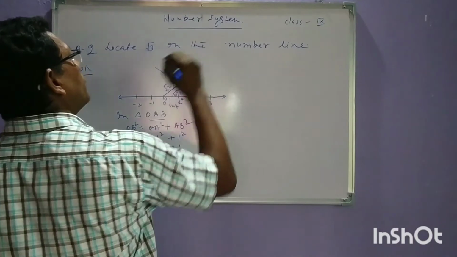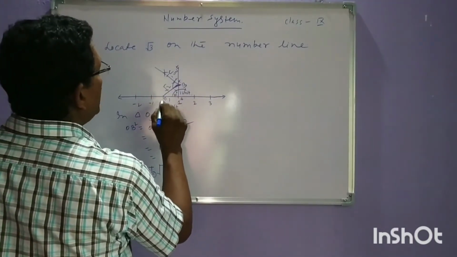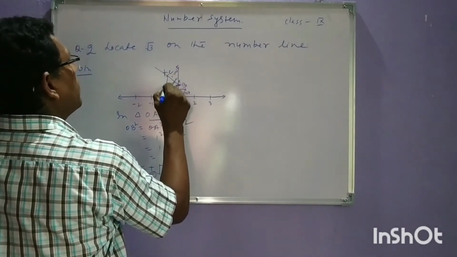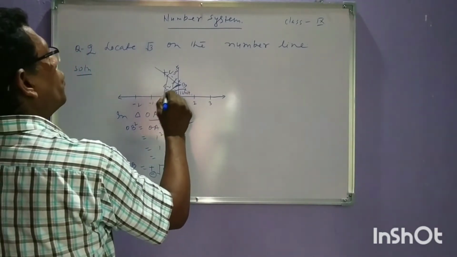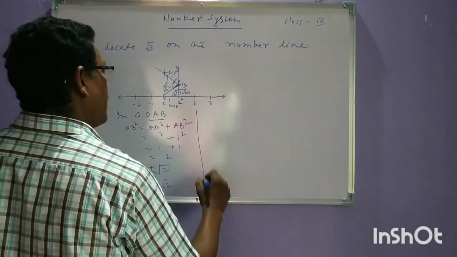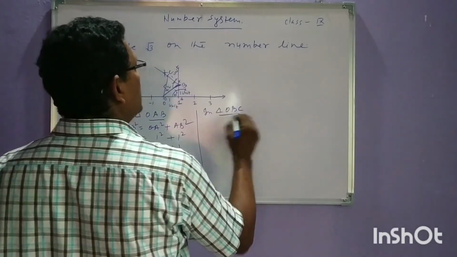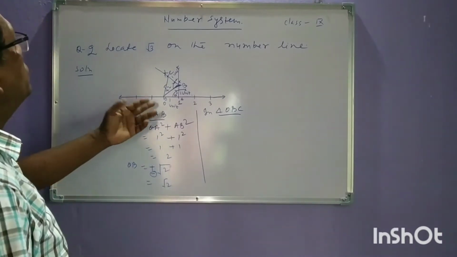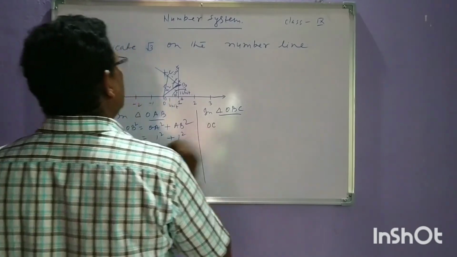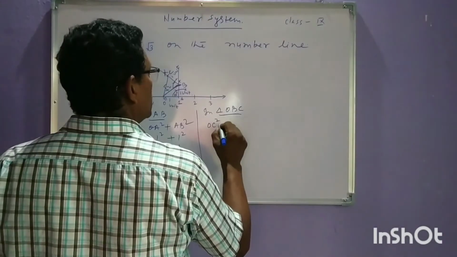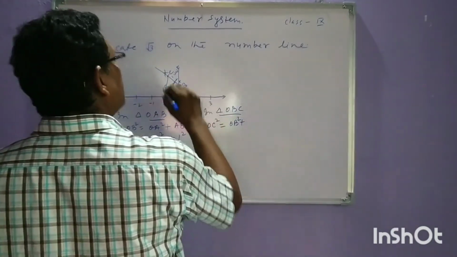Join B and C. So join O and C. Now, in the triangle OBC, we try to find out OC with the help of Pythagoras theorem, and this theorem says OC square equal to OB square plus BC square.